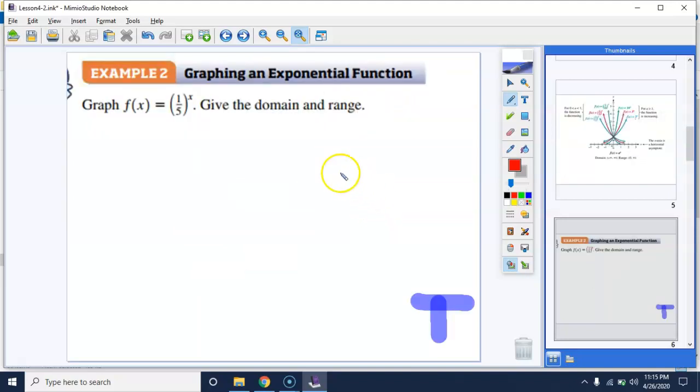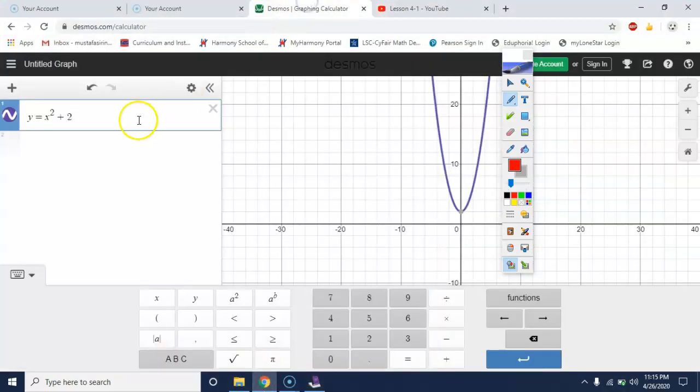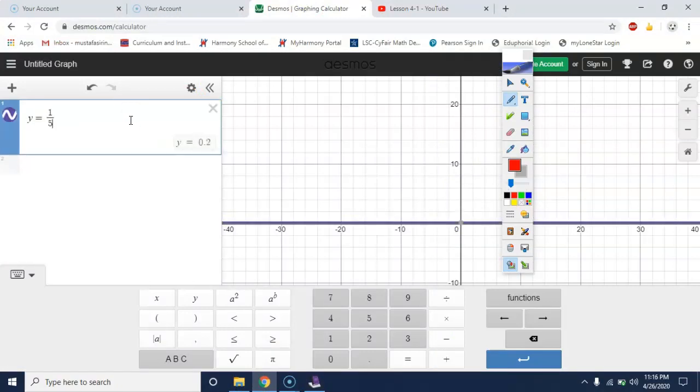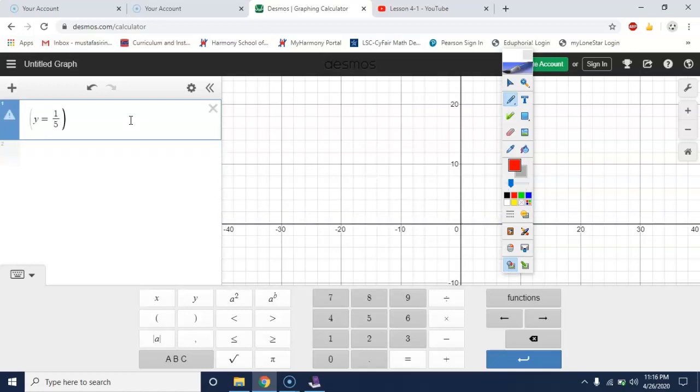So have a look at this one. Graph this and give the domain and range. To graph this, let's go to Desmos again, right? So we're here, 1/5 to the x power.